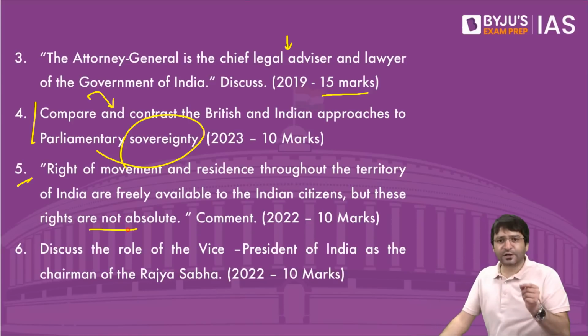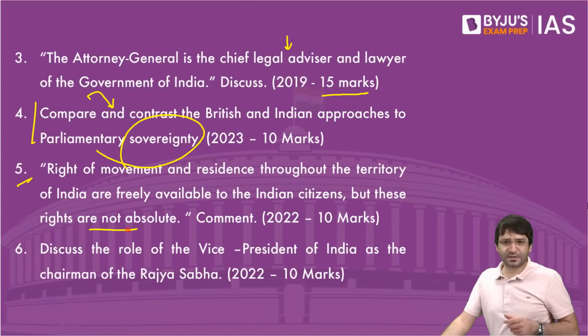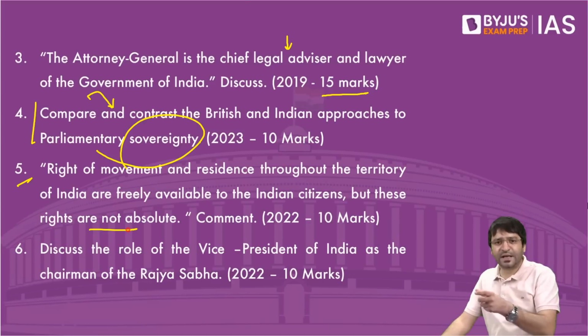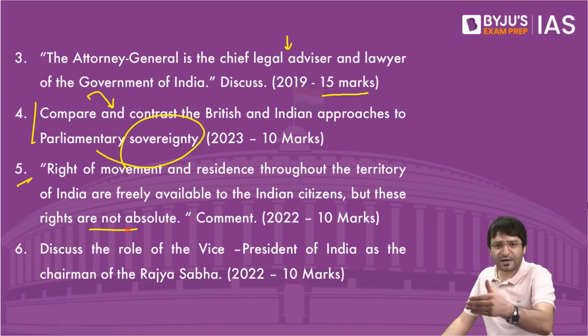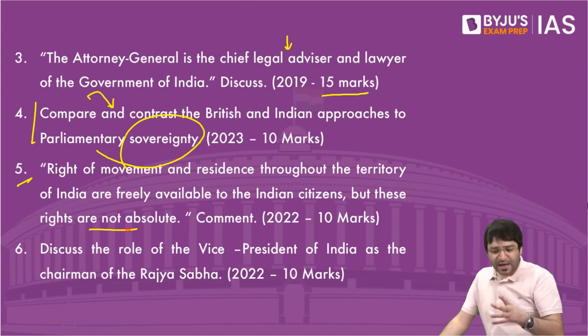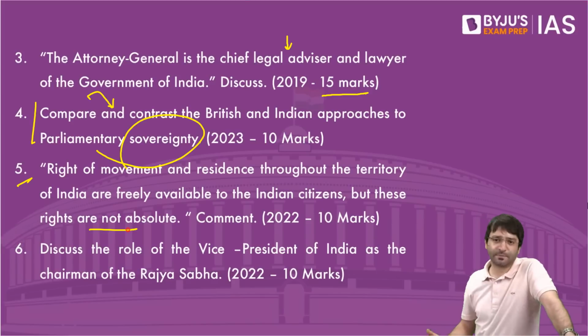These rights are exclusively available to the citizens, so that through right of movement and right to reside anywhere within the territory of India, we can break the imaginary walls of language, religion, caste, tribal identity, and make India a united one, a sense of fraternity, a common brotherhood.